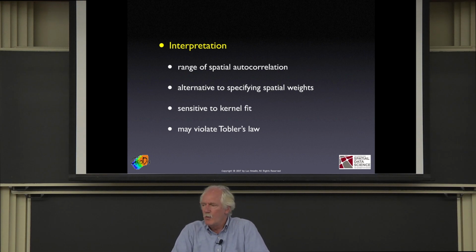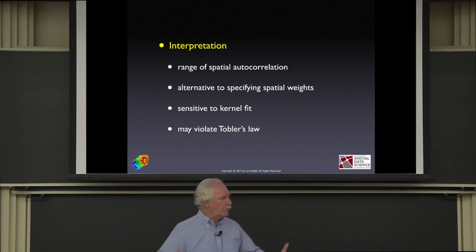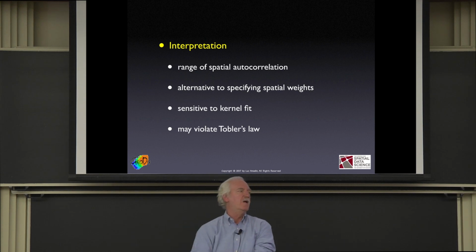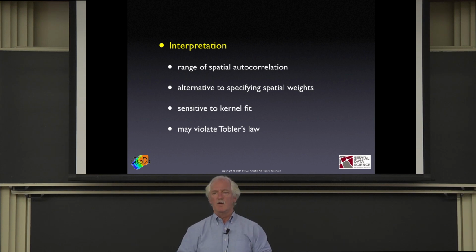There's a whole bunch of technical issues that I may have time to talk about in the lab, but they're beyond the scope. They're generic technical issues of how you fit a local regression curve, what kind of kernel function you use, what kind of bandwidth you use, those kinds of things. We talked a little bit about that in the context of the lowess fitting to a scatter plot, but it's all the same thing.